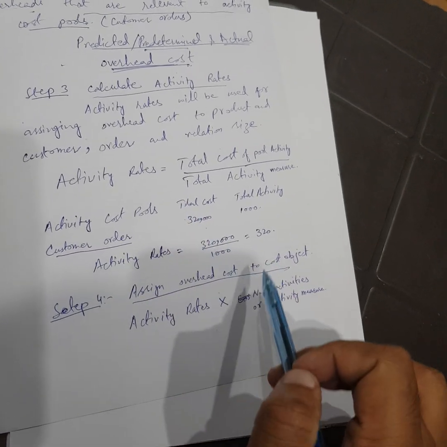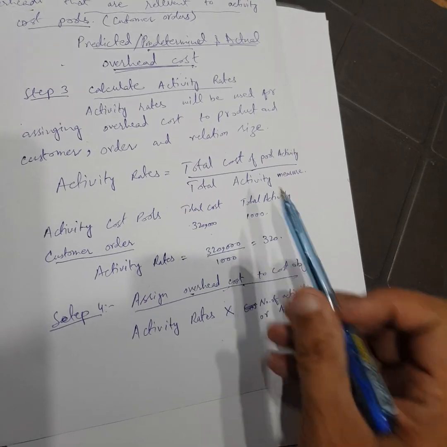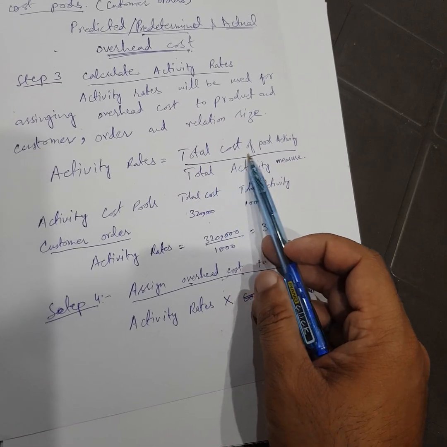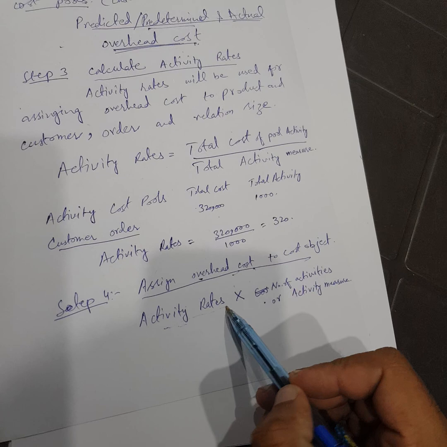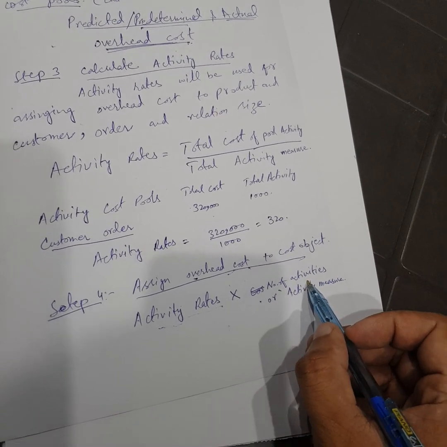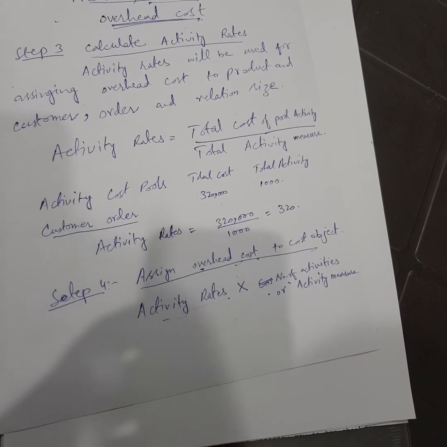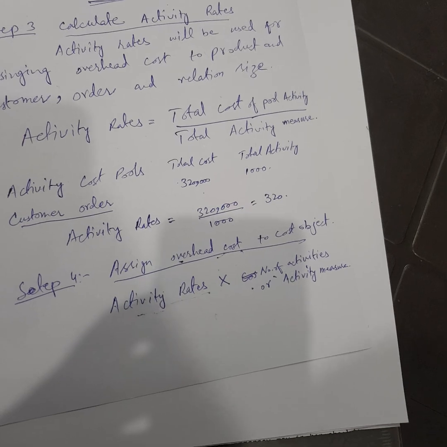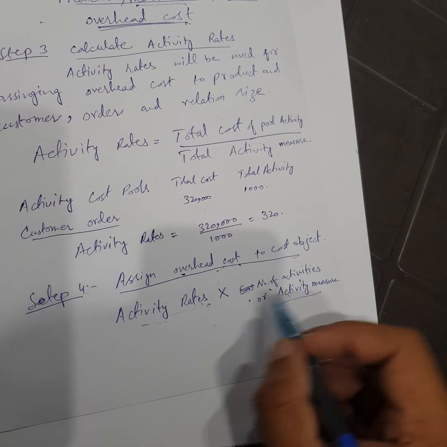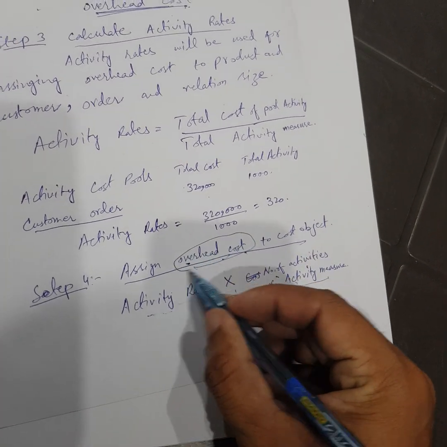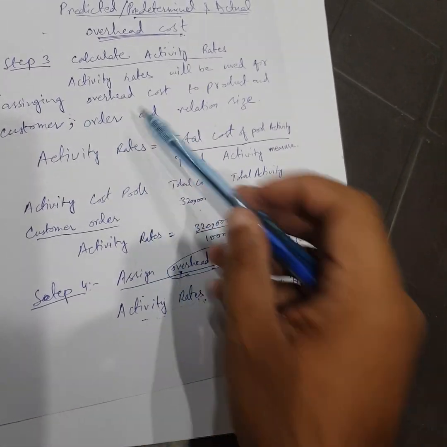It is the inverse of the previous step by using algebra. We will multiply the activity rate with the number of activities: number of customer orders, number of product designs, number of customer relations made, or number of units produced, the activity measure. By simply multiplying with them, our overhead cost will be assigned to cost objects. So we can say step 3 and step 4 are the inverse of each other.